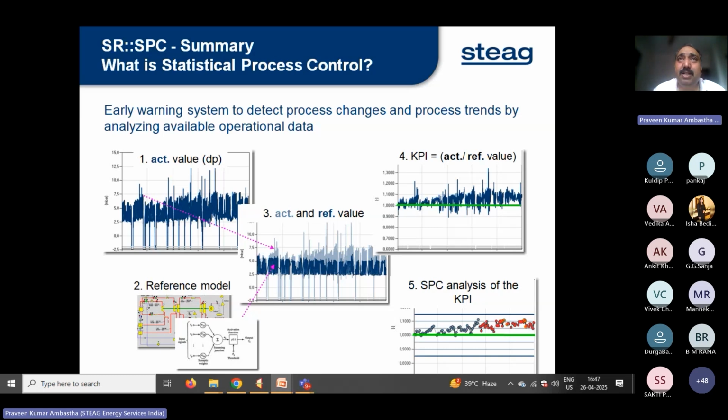How shall we get the reference? A neural model will work, or my digital twin will work to give us the reference. And once we are having the actual and reference, then we shall develop the KPI. And then from the KPI, we shall catch from where abnormality has started. And then accordingly, we shall catch the fault.